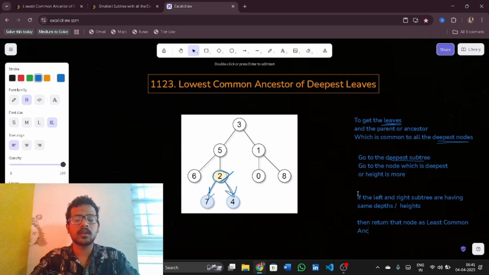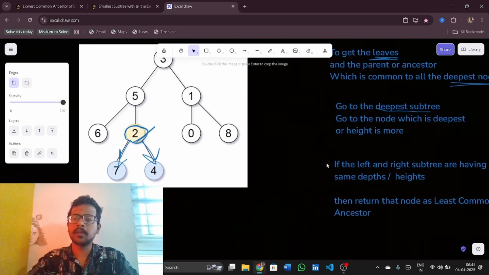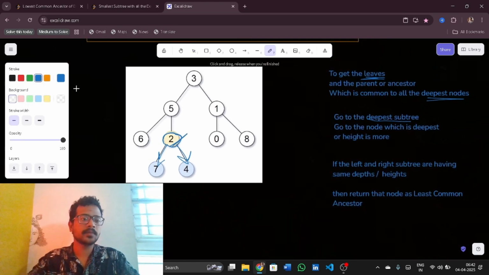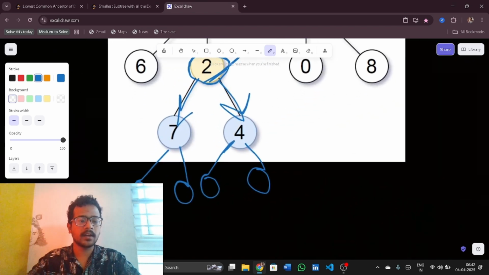Now, you might be asking, what if I have another two nodes here? Imagine you have these nodes, and till here I got 8. So I'll write here 9, 10, 11, and then 12.